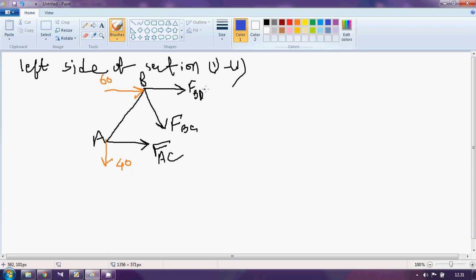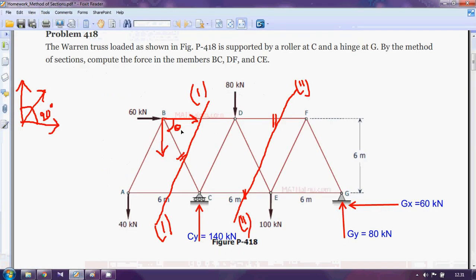So I will have one force here, FBC. Another thing is that you need this angle theta. What will be the angle theta? Take tan theta equals the height over base. I will take this angle, because you need a right angle triangle.